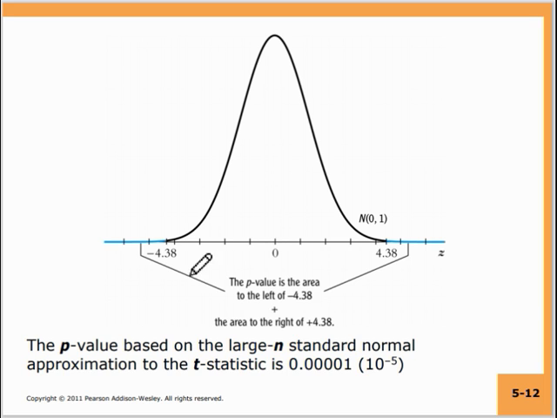So what that is indicating to you is that this minus 4.38 is a very extreme value, which basically means that you will reject the null hypothesis that beta 1 is equal to 0.